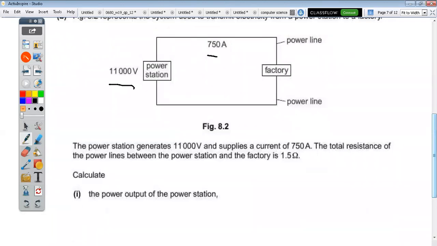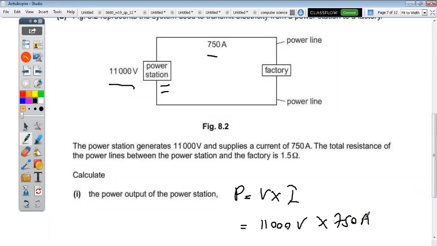The total resistance of the power lines between the power station and the factory is 1.5. Calculate the power output of the power station. The power is equal to voltage times current, so that is 11,000 volts multiplied by 750 amps.